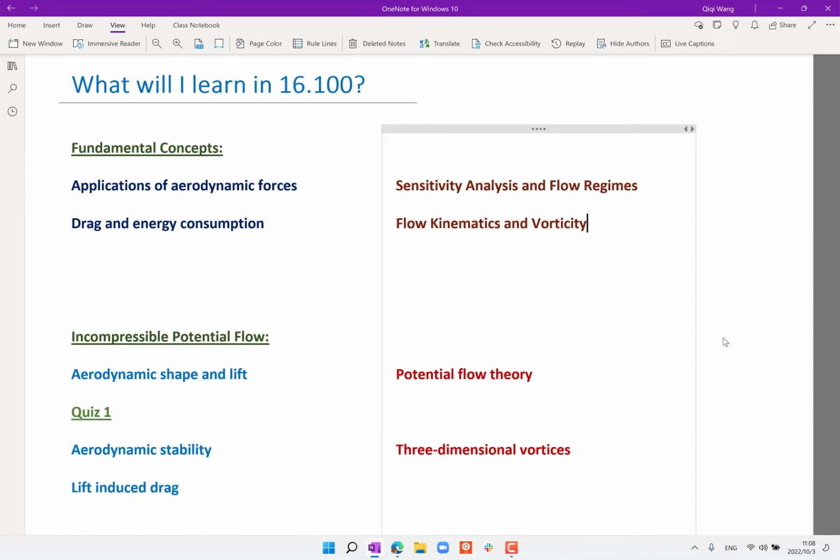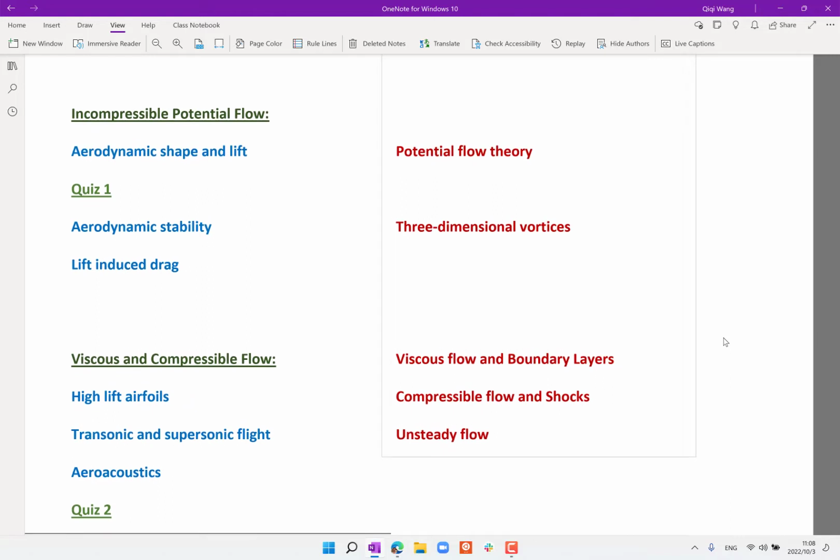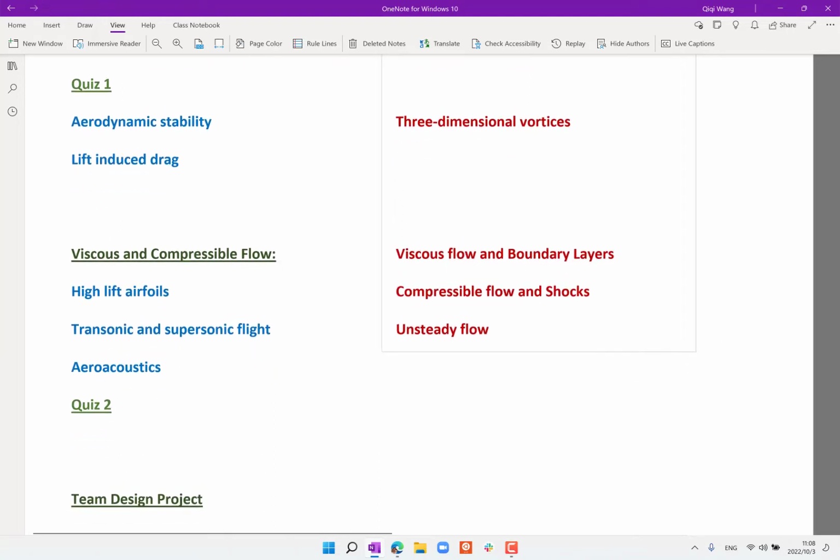And after the incompressible potential flows, we'll do viscous and compressible flows. Okay. And that's going to cover more stuff like high lift airfoils, transonic and supersonic flight, and viscous boundary layers, shocks, etc. After that is followed by quiz 2. And after quiz 2, we'll get into the team design project.